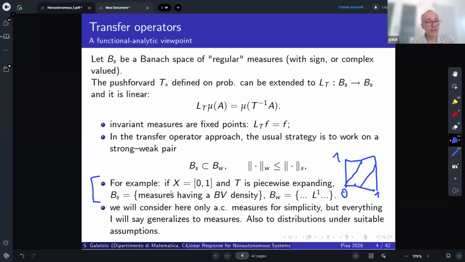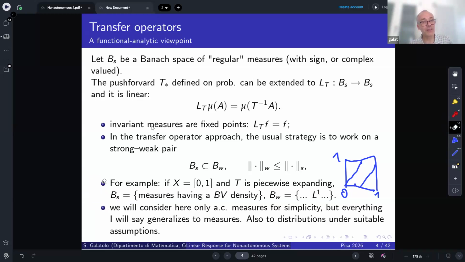Know that if you let the dynamics and the transfer operator act on the set of measures having a density which has bounded variation, then there is only one invariant measure in this set. This is the most regular one among the possible invariant measures for this system. So the idea is to consider the transfer operator on a certain Banach space of measures and find the invariant measure there. And probably in many interesting cases, there is only one.